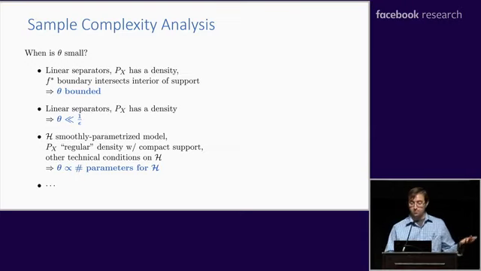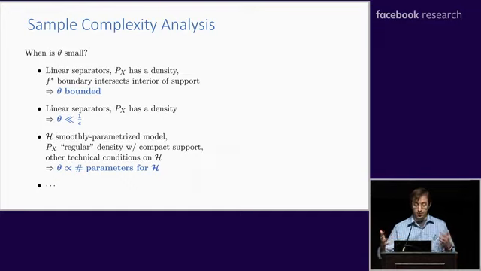Okay, so as I said, there have been some studies of when theta is small, and we have some understanding of various general conditions in addition to many examples where it's been calculated. So for instance, if we're working with linear separators and the distribution of X has a density, and the f star separator passes through the interior of the support of the density, it turns out then theta is bounded, meaning it's not a function of epsilon.